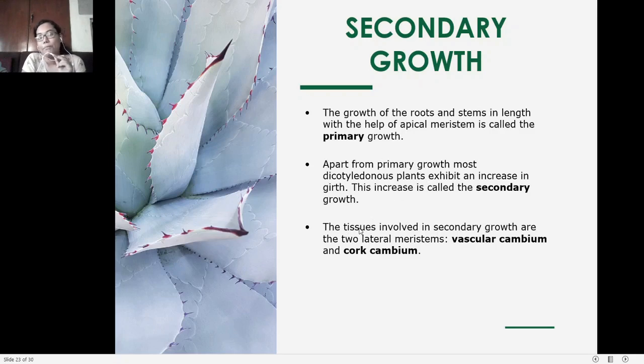Okay, so the main two tissues, or rather lateral meristems, which are involved in secondary growth are vascular cambium and cork cambium. So here we come to a conclusion that primary growth is mainly caused by apical meristems and secondary growth is mainly caused by lateral meristems. Okay, now let's go on to details.